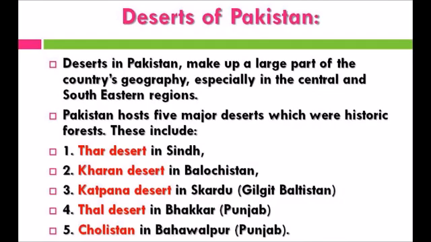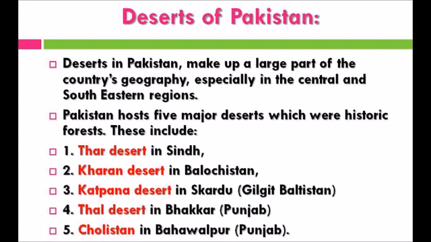Deserts of Pakistan. Deserts in Pakistan make up a large part of the country's geography, especially in the central and southeastern regions. Pakistan hosts five major deserts which were historic forests. These include, first one is Thar Desert, which is in Sindh.